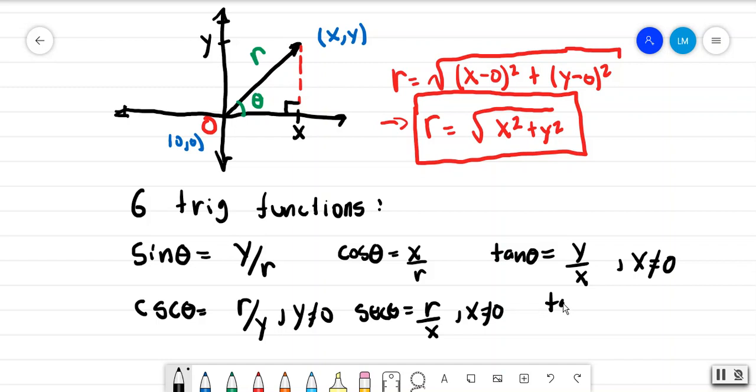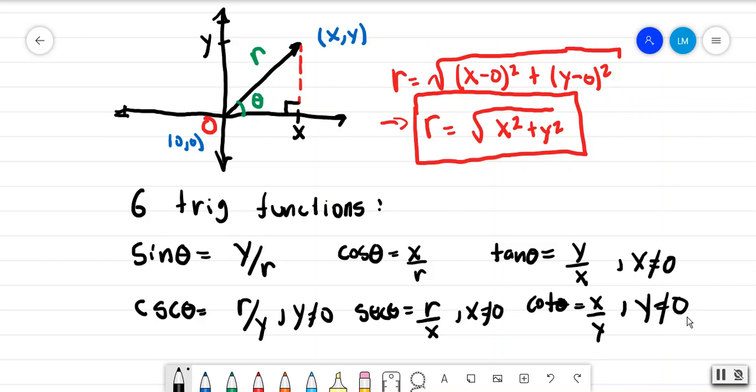You also have that cotangent of theta is equal to x over y, which means that x cannot be equal to, that should be y. Let me clean this up. So the y component can't be equal to 0, otherwise it's undefined. So these are the 6 trigonometric functions that you would be working with.